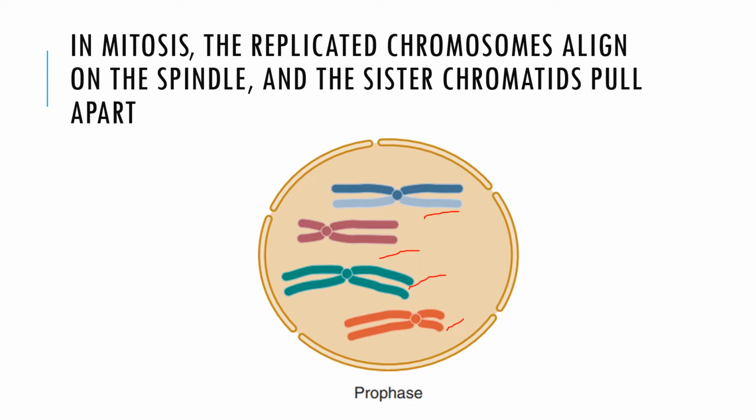Each pair of chromatids is the product of the duplication of one chromosome in the S phase of interphase. The chromatids in a pair are held together at a specific region of the chromosome called the centromere. As prophase progresses, the chromosomes become shorter and thicker as a result of further coiling. At the end of prophase, the nucleoli disappear and the nuclear envelope, a membrane surrounding the nucleus, abruptly disintegrates.